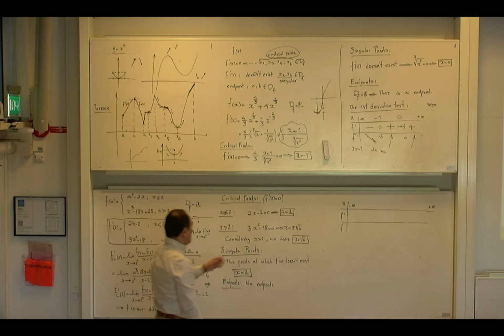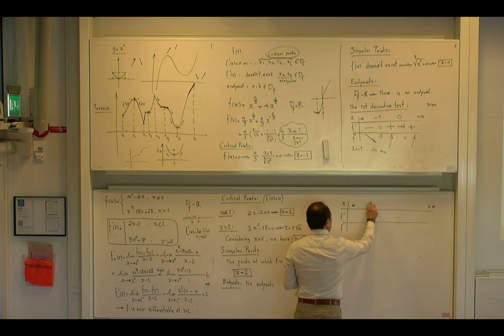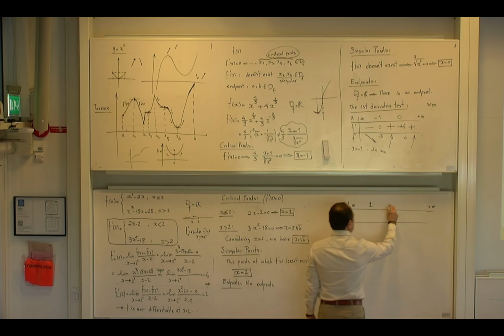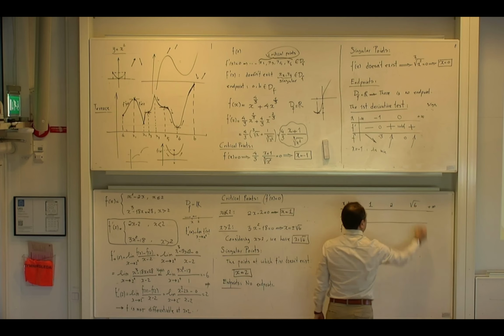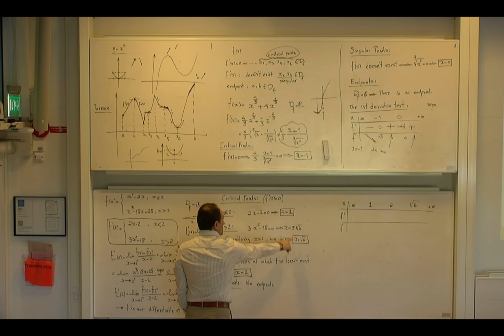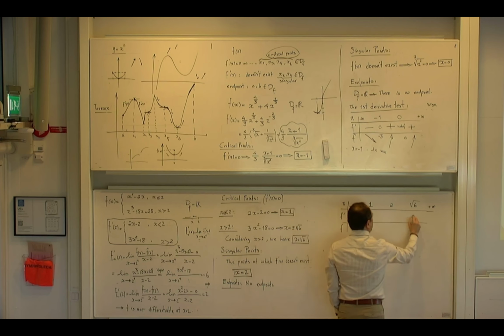Which one do I have to write first? The smallest one. I write 1 first, and then 2, and then square root of 6. At 1 and square root of 6, the derivative is indeed equal to 0. So the derivative is 0 here, and 0 there.